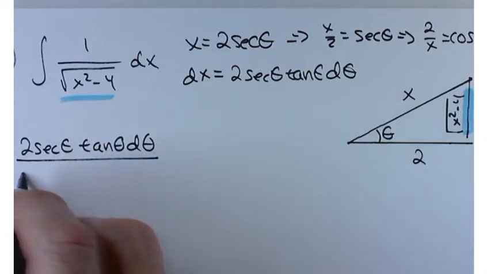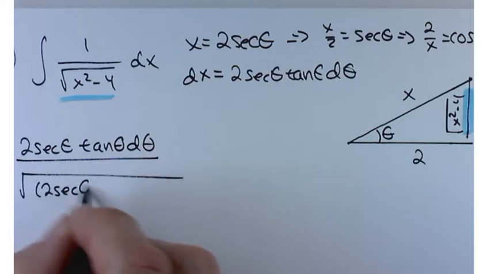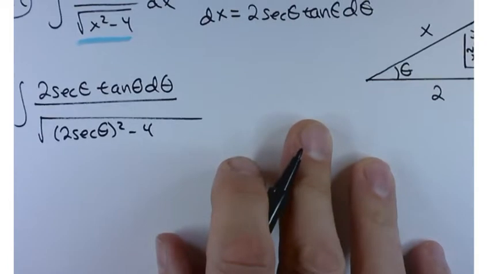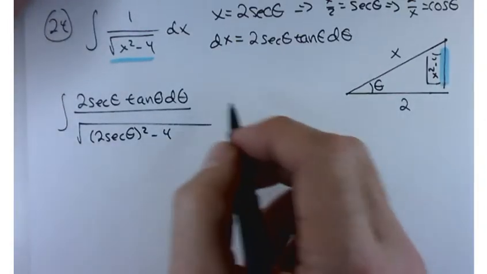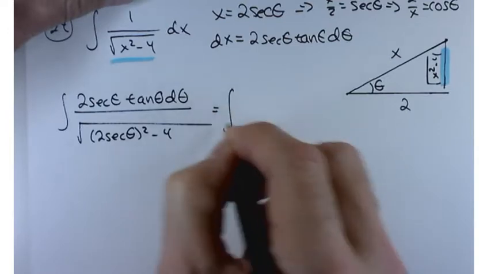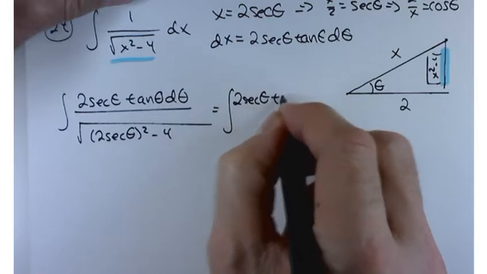As usual, we're going to get some nice simplification from this. Under the root, we get 4 times secant squared of theta minus 1, because I'm factoring out the 4.